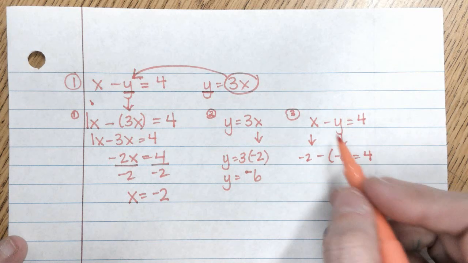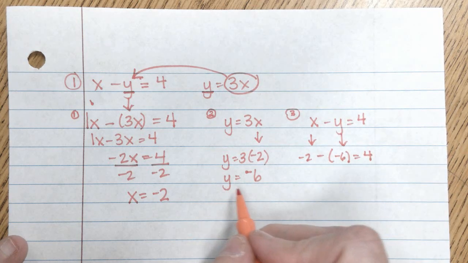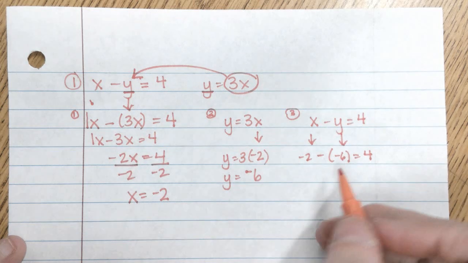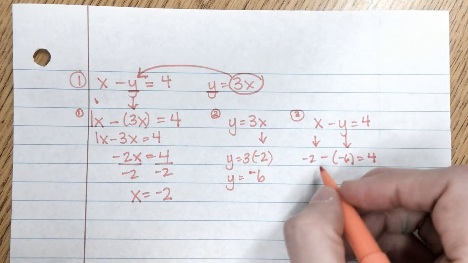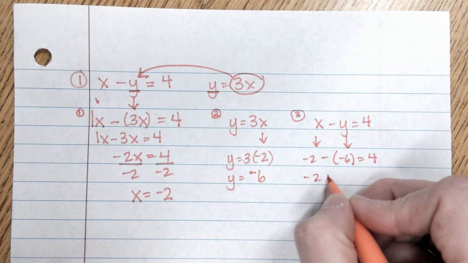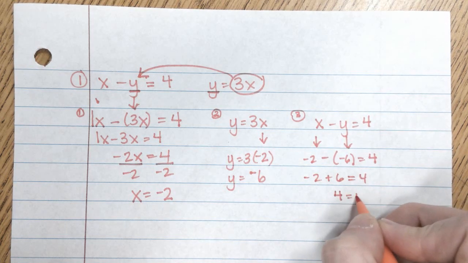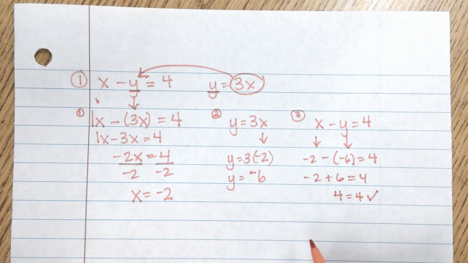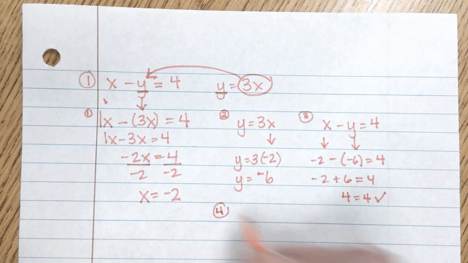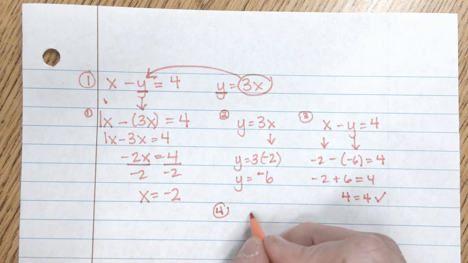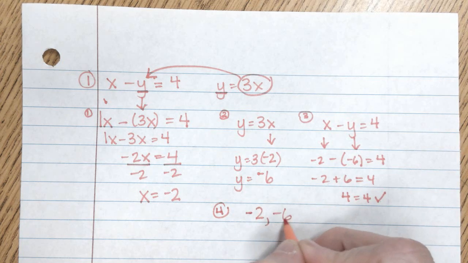Remember, anytime subtracting, I want to substitute in parentheses because y is negative 6. It's not just 6, it's negative 6. Well, I have a double negative here, so that means I have negative 2 plus 6, and negative 2 plus 6 is 4. This is a true statement, so I know that my answer is correct. My final step is to write this as an ordered pair. So my ordered pair goes x, which is negative 2, y, which is negative 6.